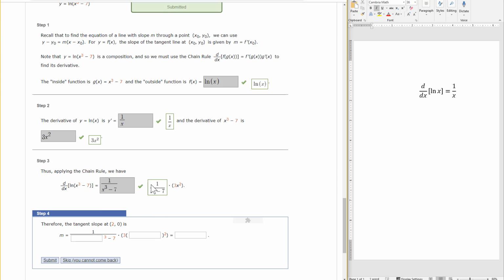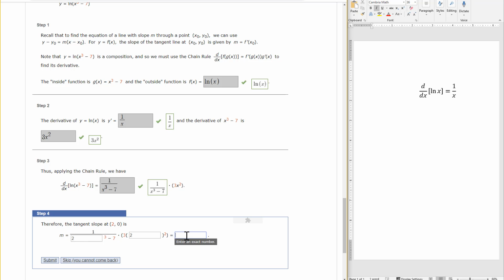Now that we have that, we're going to take our derivative and put in the value of 2 for our slope. So we have 1 over 2 cubed minus 7, times 3 times 2 squared, and now we just have to figure out what this is equal to. 2 to the third power is 8. 8 minus 7 is 1, so 1 divided by 1 is 1.